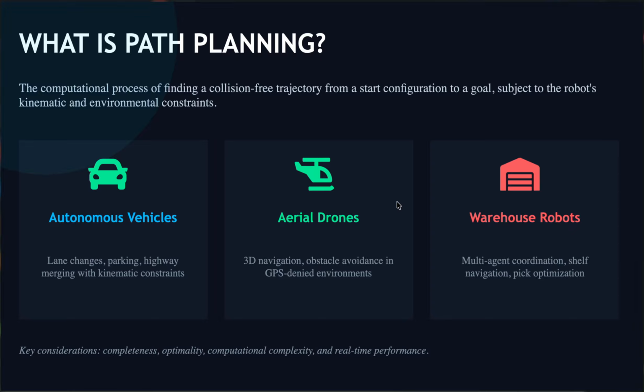There are also other types of robots such as aerial drones, which rely on software and path planning to perform maneuvers and to ensure that the drone reaches the place safely. And then there are our classic warehouse robots, which perform multiple operations such as lifting things, moving stuff from one place to another place, and cleaning things.